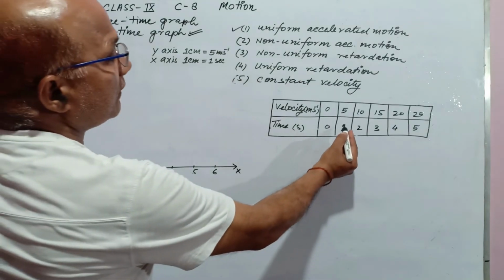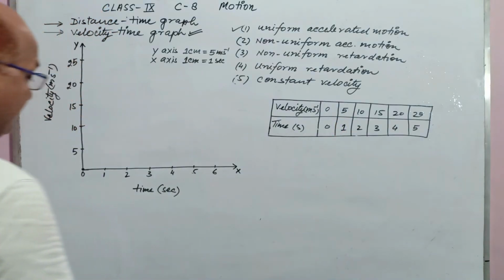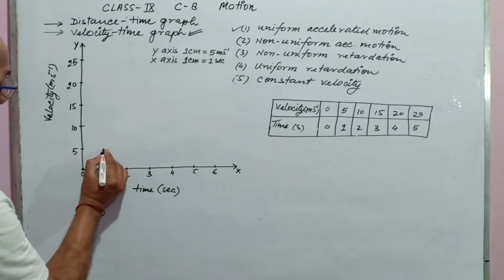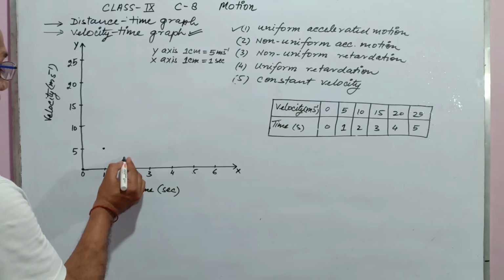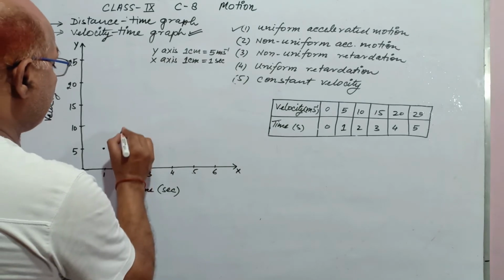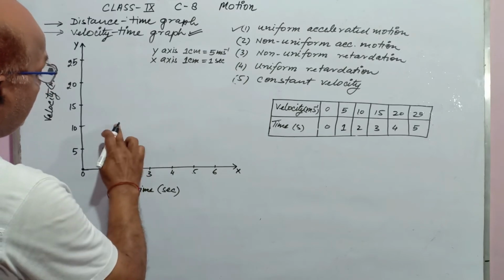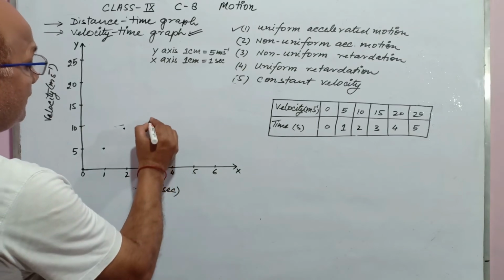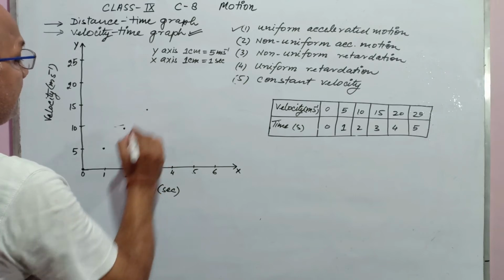Now at 1 second, the velocity of the body is 5 meters per second. So we will put a point here. At 2 seconds, the velocity is 10 meters per second. At 3 seconds, the velocity is 15 meters per second.